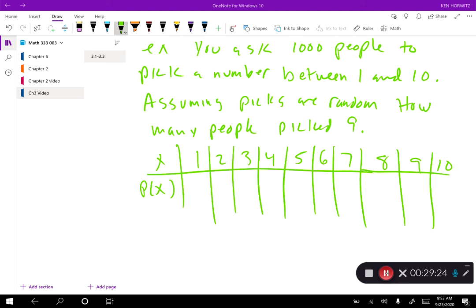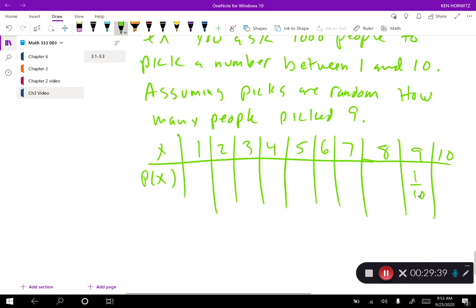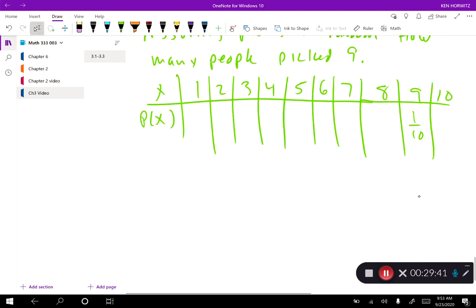All right, so hopefully you said for any one person picking these numbers, if they were truly random, your probability would be 1/10 because there's 10 numbers and they're picking one. All right, however, we have 1,000 people picking numbers. So I'm going to multiply that times my probability of picking a 9.